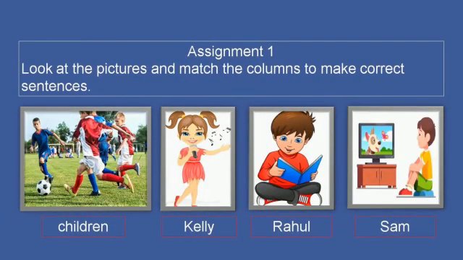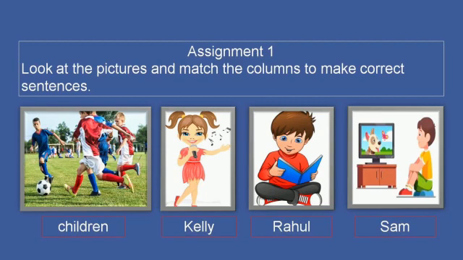Students, here is an assignment for you. Look at the pictures and match the columns to make correct sentences. You can see there are 4 pictures given, and below the pictures the names are written. In the first picture you can see there are children.